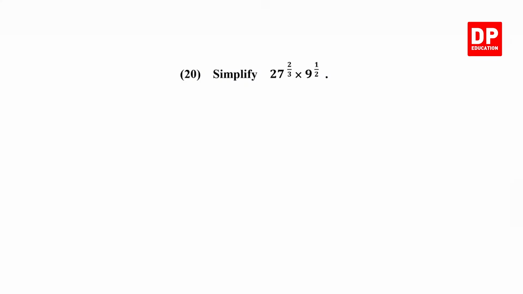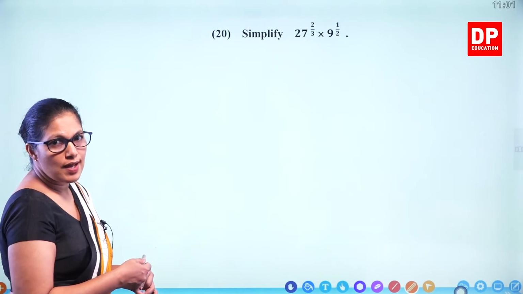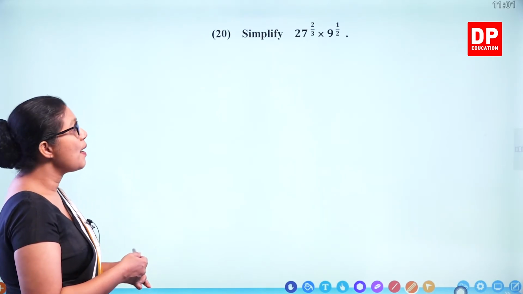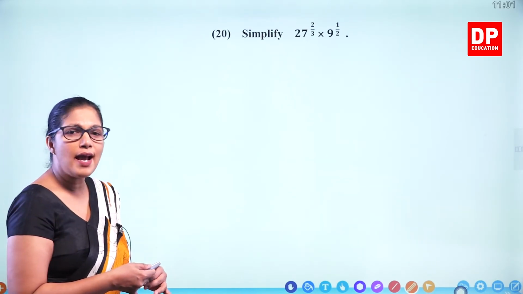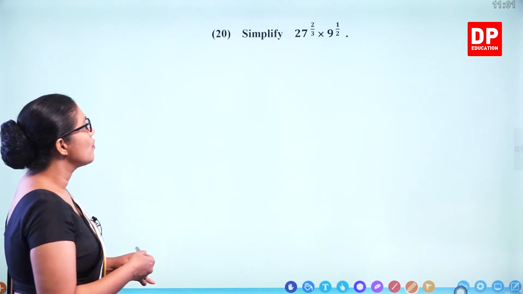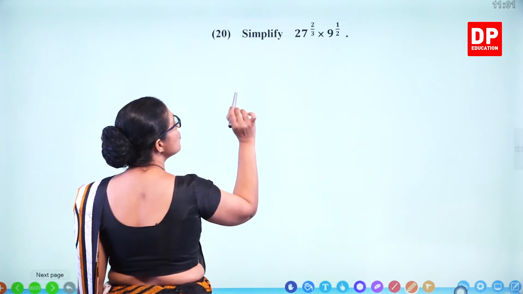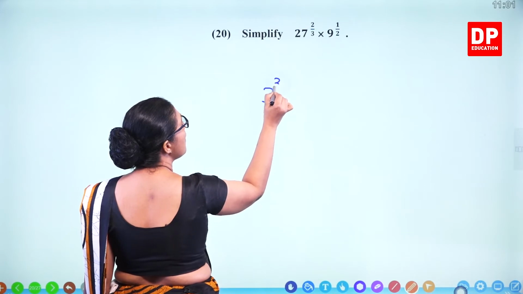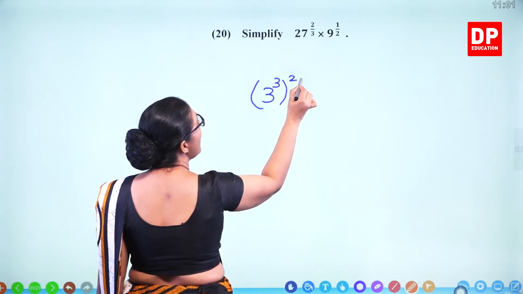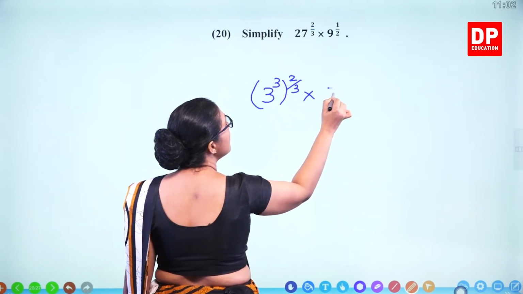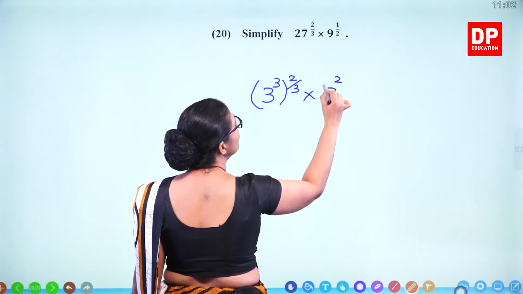Question number 20. Simplify. You can't use laws of indices because bases are different. So you have to convert to the same base. 27 and 9, what's the common base? You have to convert to 3. 27 you can write 3 to the power 3. And what's 9? 3 to the power 2.